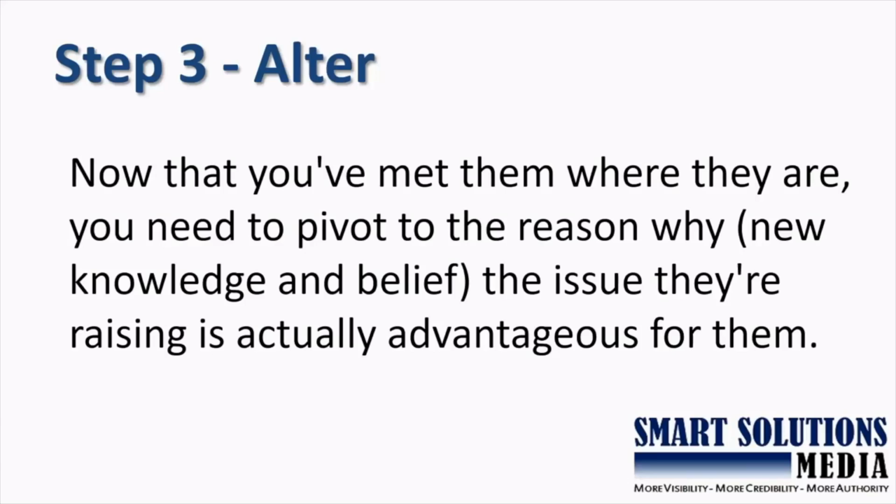It's a very elementary example, but it gives you the idea. The idea of step 3 is to alter where they are and pivot to the reason why their objection or their issue is, again, good for them. And you may have to give them new knowledge or new belief to that end. Again, step 3 is the crux of this whole process.